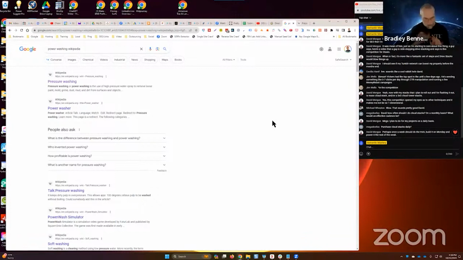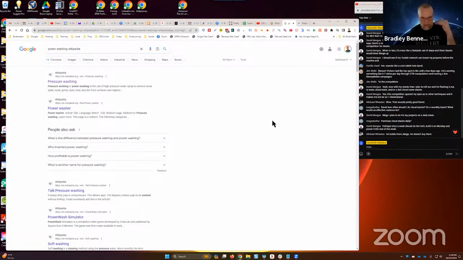So what I always do is go to Google and search for the keywords associated with the industry that I'm trying to optimize for, and then append Wikipedia to the search term. Okay. Then it shows, sorted by relevance, how relevant the named entities are to the search query.